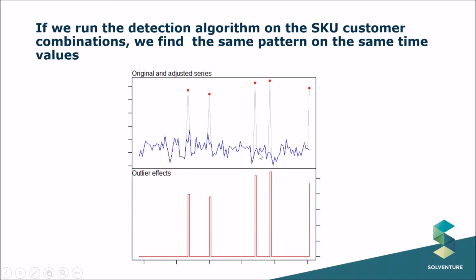These peaks are most probably promos, which you ran with that customer, or which that customer ran maybe even without telling you, right? Most probably these were promos, and you have not provided the data telling these were promos. So you need to clean your data by running this type of outlier detection to make sure that your promo history is complete.